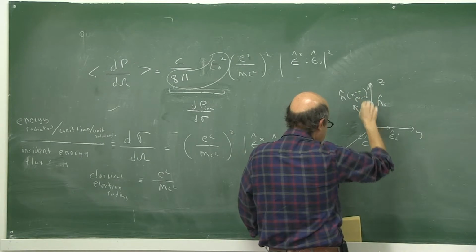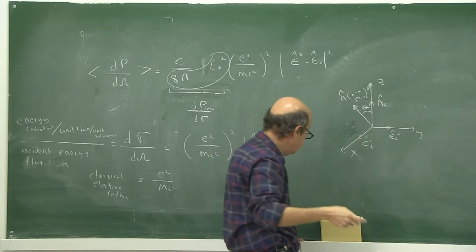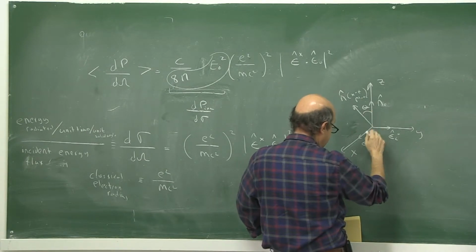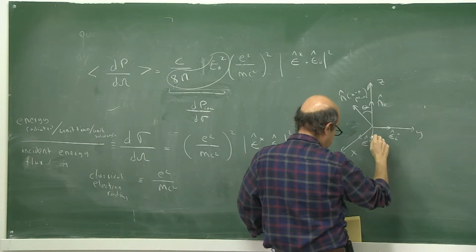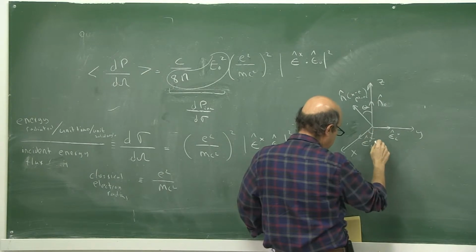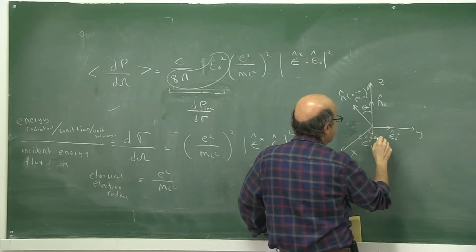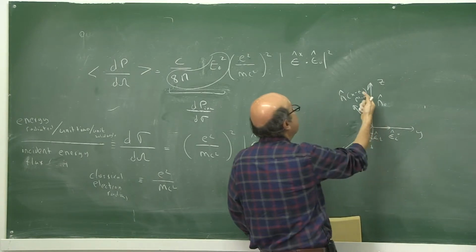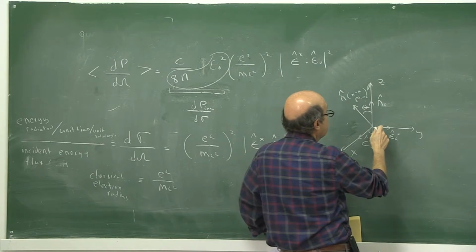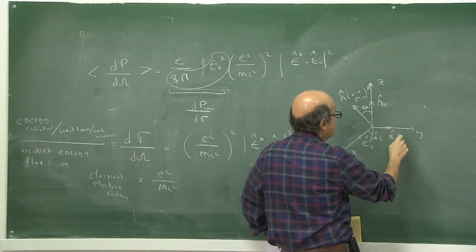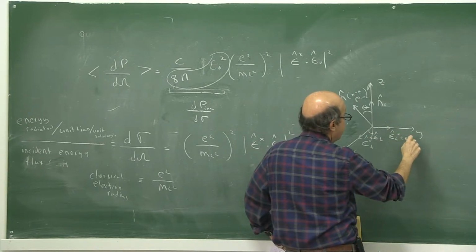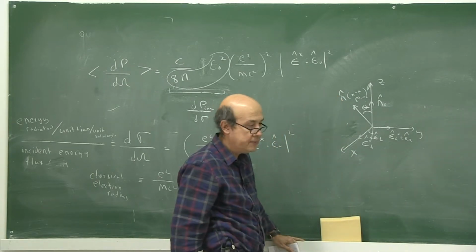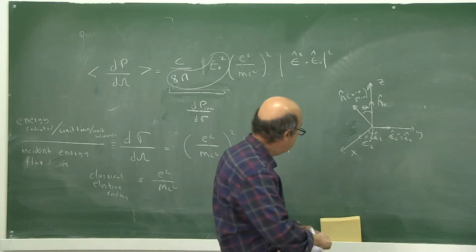So this is the summary which we did several weeks ago. If it is scattered by theta, then this polarization vector is moved down as what? As epsilon 1, and if it is scattered along the XZ plane, then epsilon 2 will be epsilon 0. So probably you remember what we did.